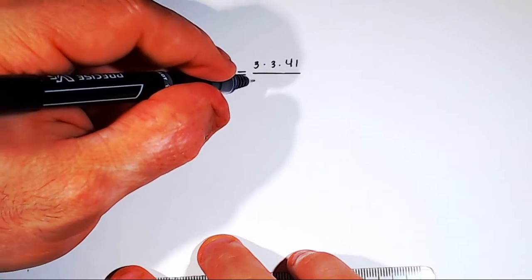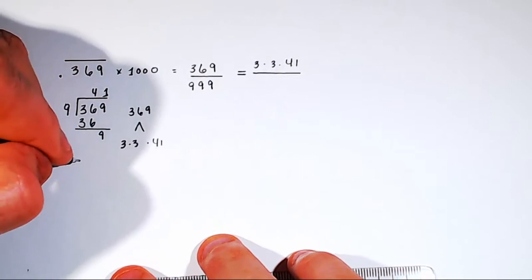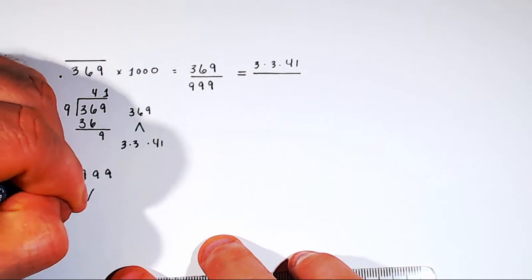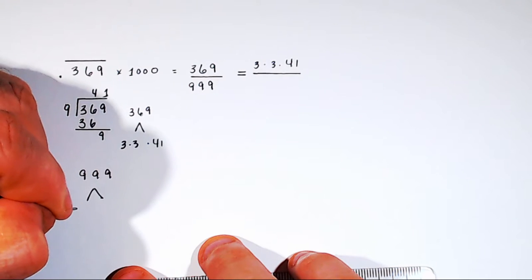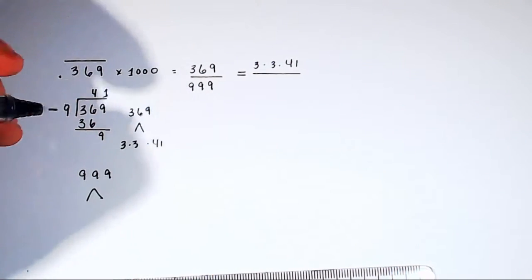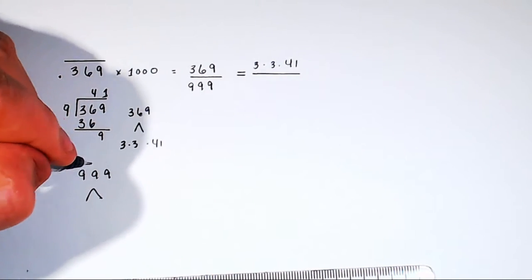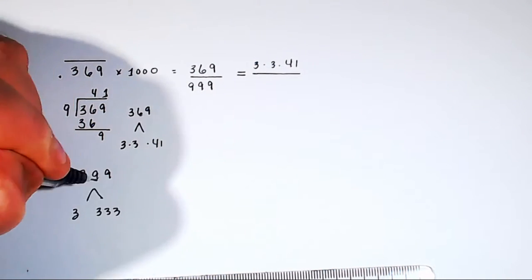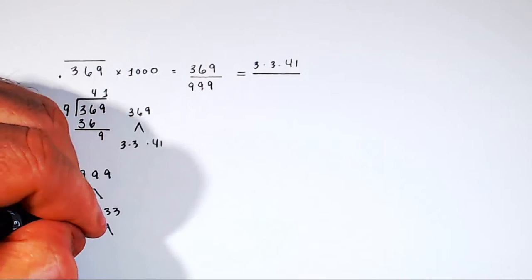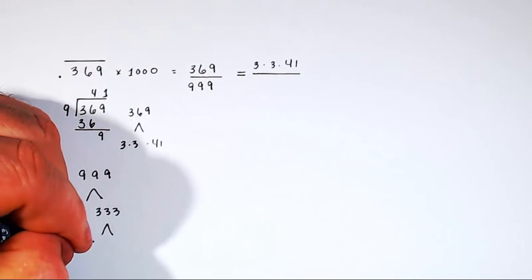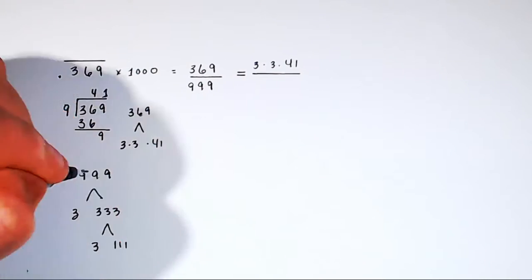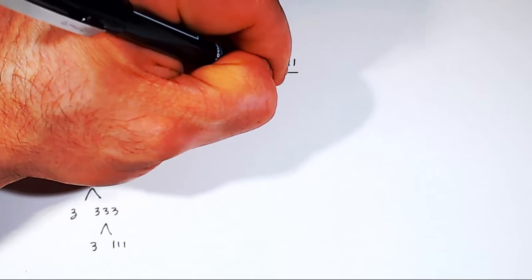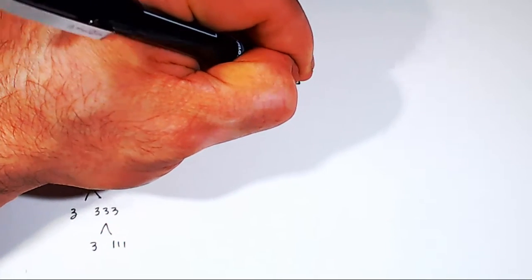And then in the denominator, what does 999 factor out to? Well, let's do it again. 999 is equal to, if I were to divide by 3, I would get 3 times 333. And then divide by 3 again, I'll get 3 times 111. So this is 3 times 3 times 111.